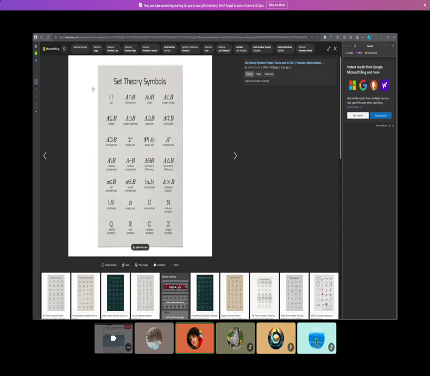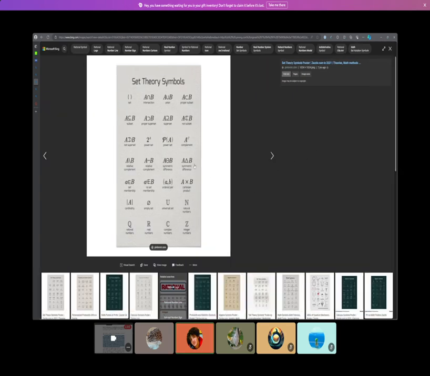So intersection means A and B are intertwined, and then A and B are together. Union. Then you have the proper subset, which is the one that we're at now. That's the fourth one. Curly braces imply a set. If you see curly braces at the top, that's a set. The circle with the line in the middle is an empty set.